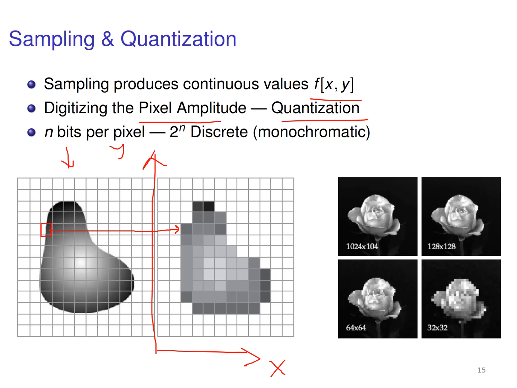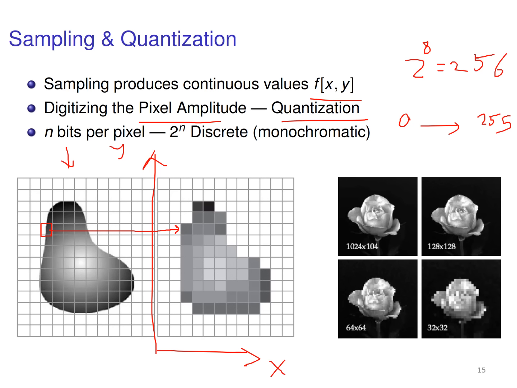So if you have 8 bits to represent a pixel, that's 2 to the power 8, and that's 256. If you go from 0, including 0 as one level of quantization, you go from 0 to 255. You end up with 256 levels.